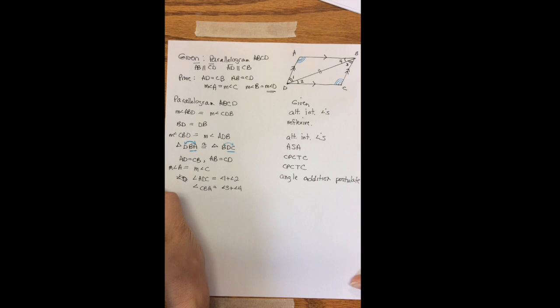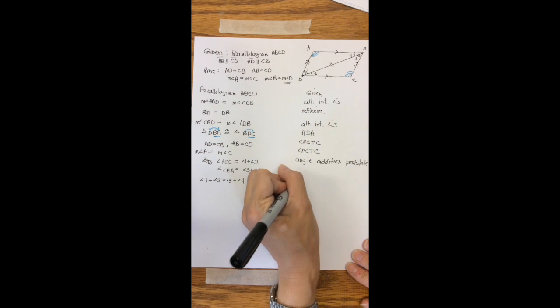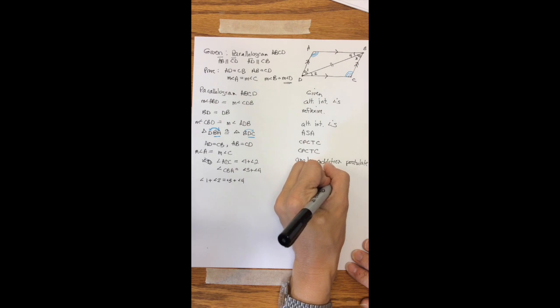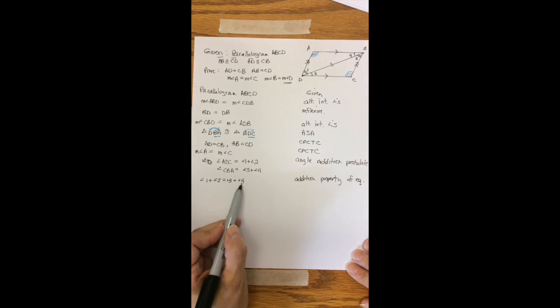I have angle ADB, so angle 1 plus CDB, angle 2 is equal to CBD, 3 plus angle 4. Our reasoning here is just the addition property of equality. Angle 1 plus angle 2 equals angle 3 plus angle 4.